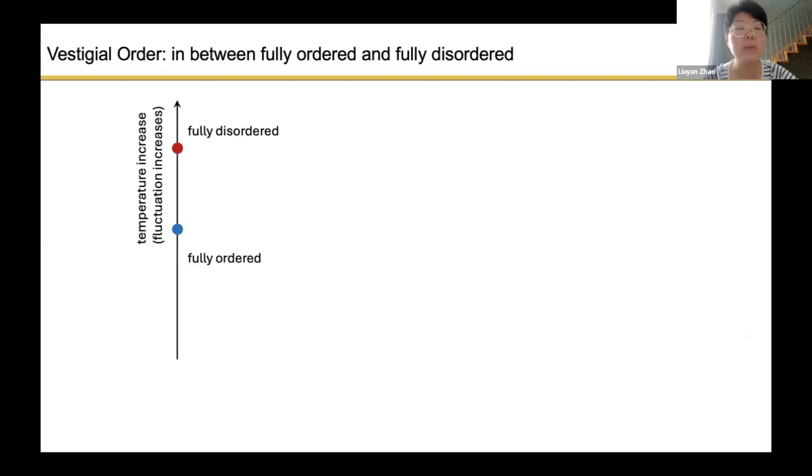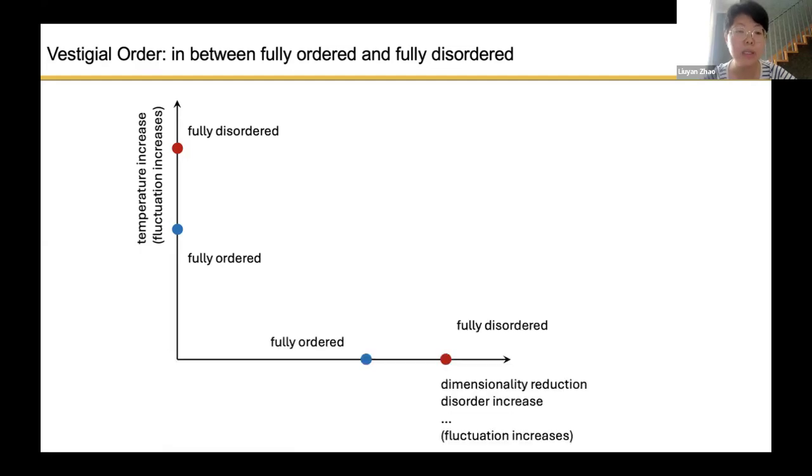Okay, so when we talk about orders, temperature is one way to tune the fluctuations in the system, taking it from a fully ordered state to an intermediate state and then to a fully disordered state. This intermediate state is often present in many phase transitions. People often refer to it as a short-range ordered state. In addition to temperature, we also have other orthogonal ways to tune the fluctuations.